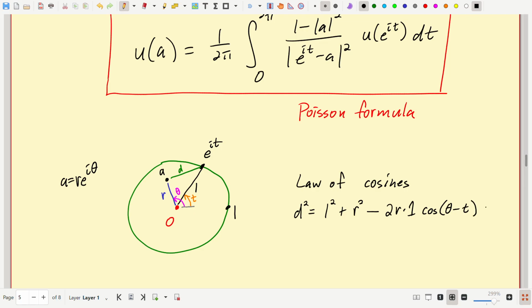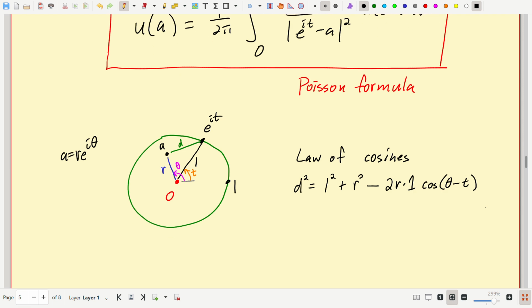If that angle theta minus t was a right angle, that would be a right triangle, and this would be the Pythagorean theorem. So the law of cosines is like a correction term if it's not a right angle. That's the way I remember the law of cosines.